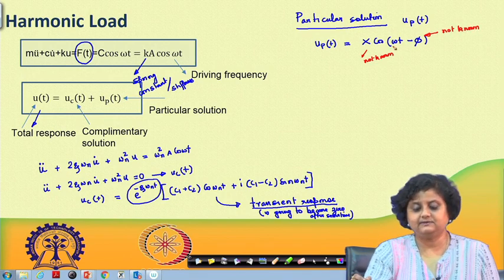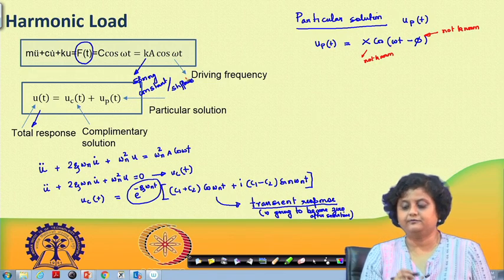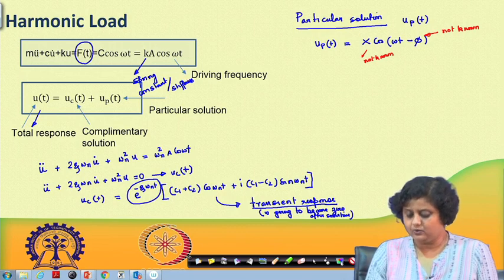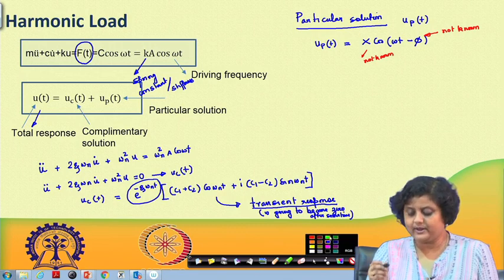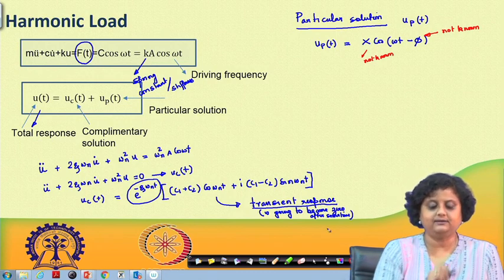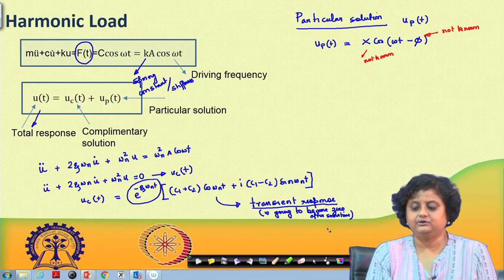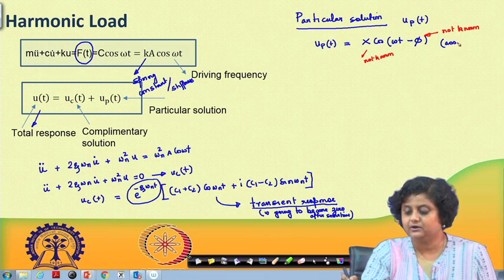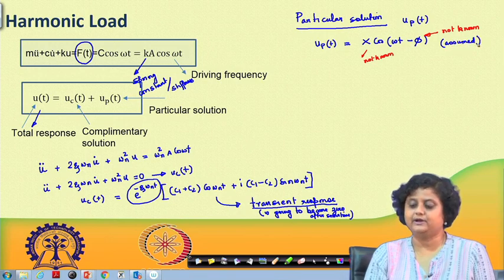And omega is the driving frequency, or frequency of the external load. We all know that the particular solution should be a solution of this differential equation. So, this is the solution that we have assumed.